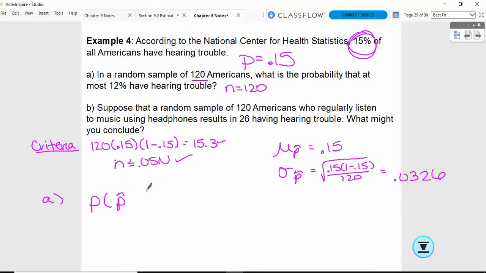So if I want the probability that at most would be less than or equal to, 12% would be 0.12.